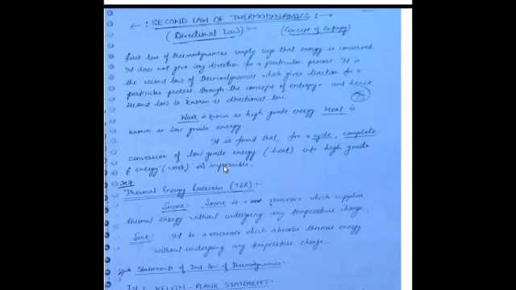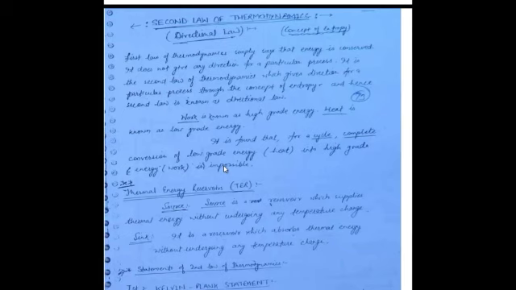If some quantity of water, some gallons or tons, is taken out of the ocean or placed in it, the level of water does not change. So the ocean is like a reservoir of water.